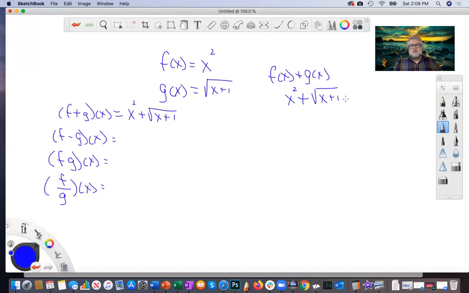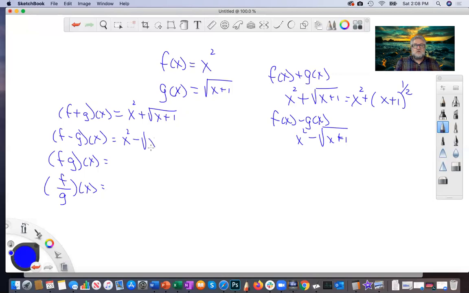And by the way, I'm going to mention it now and mention it a bunch of times: square root of anything is the same thing as raising it to the 1/2 exponent. 1/2 is the same thing as square root. True story. Okay, next one. f of x minus g of x. So that's going to be x squared minus square root of x plus 1. And again, can't do anything, so we'll just leave it alone.